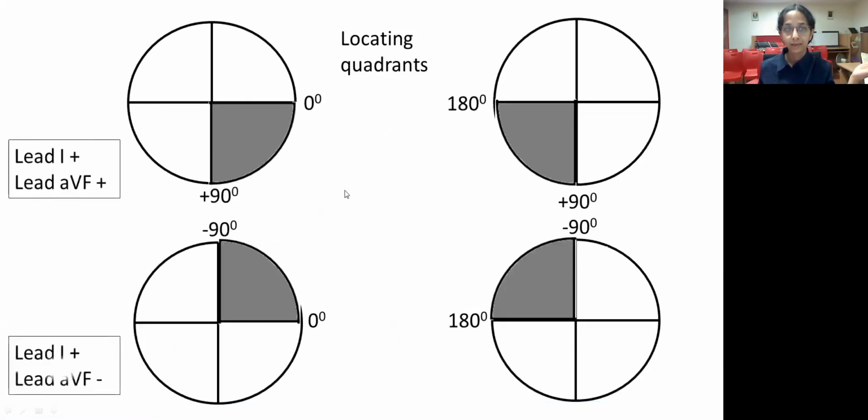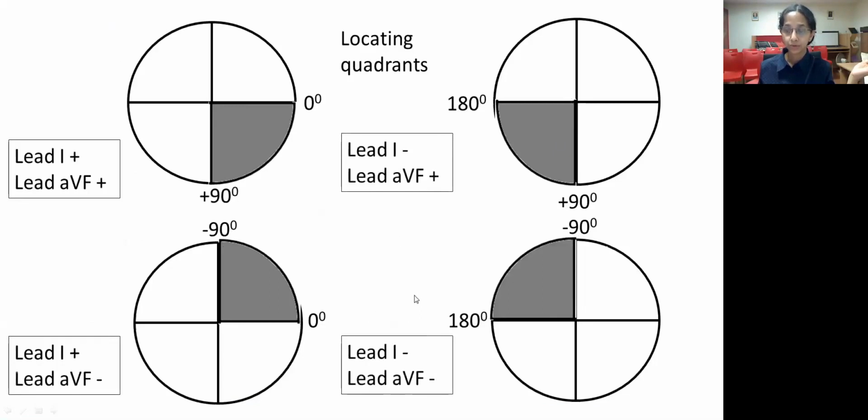If I have lead 1 positive but AVF negative, then it is in the left upper quadrant. If I have lead 1 negative but AVF positive, it's in the right lower quadrant. And if I have lead 1 and AVF both negative, then it's in the right upper quadrant.